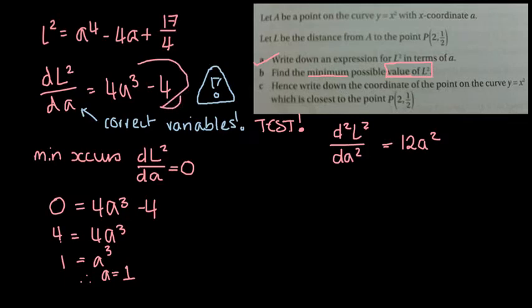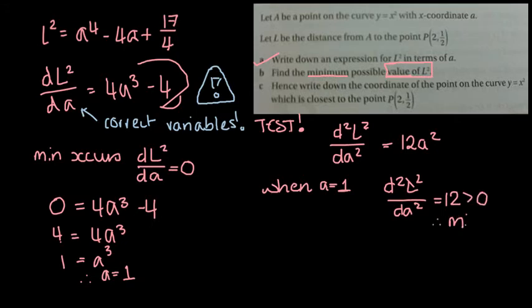Now I'm testing when a is 1, because this is my turning point value. So when a is 1, the second derivative is 12. 12 is greater than 0, therefore I have a minimum. Good.